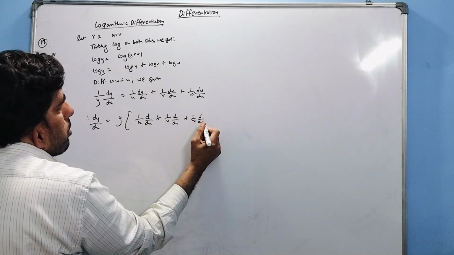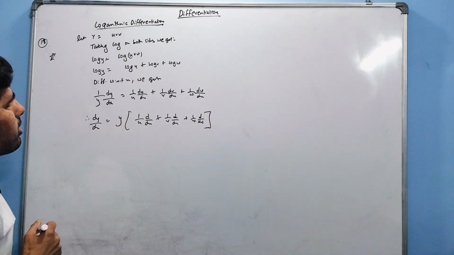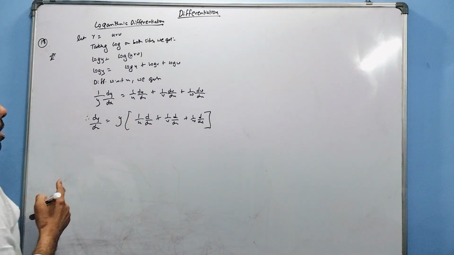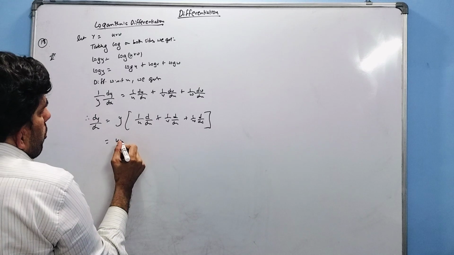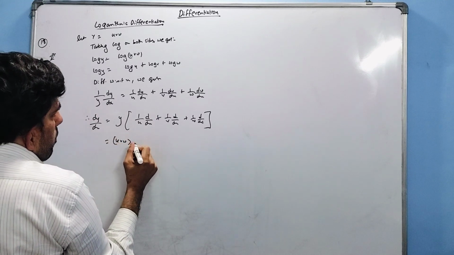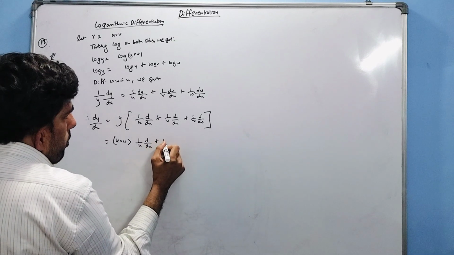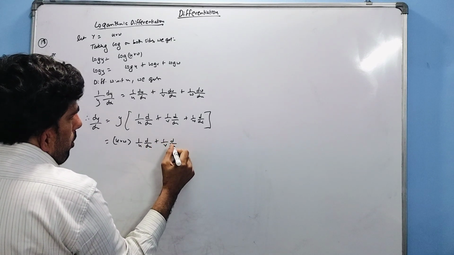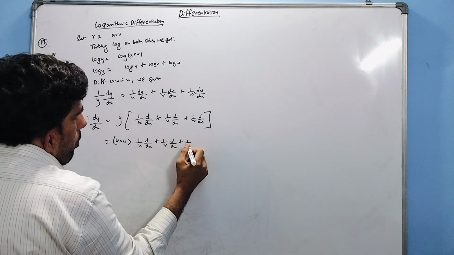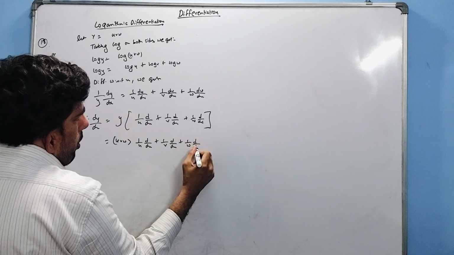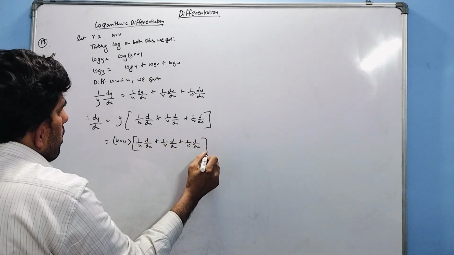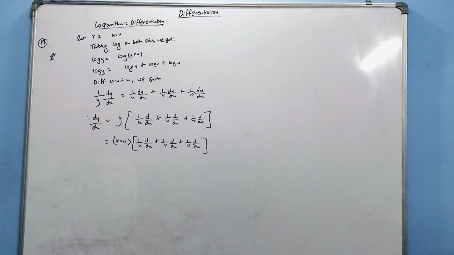So now we can put the value of y as u v w, so we have u v w times (1/u du/dx plus 1/v dv/dx plus 1/w dw/dx). So that is one method I have applied here, logarithmic differentiation.